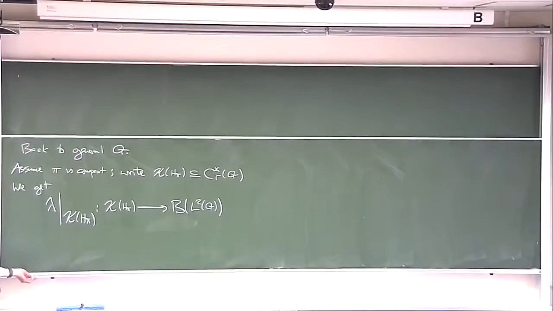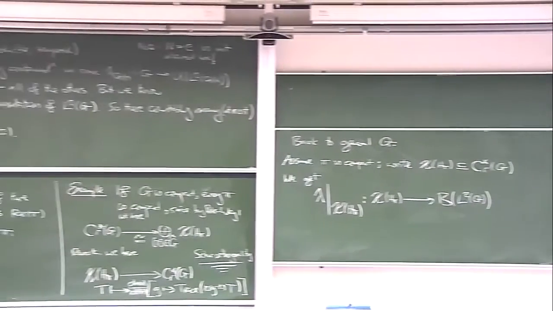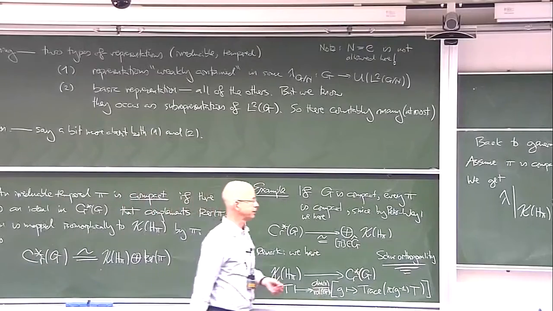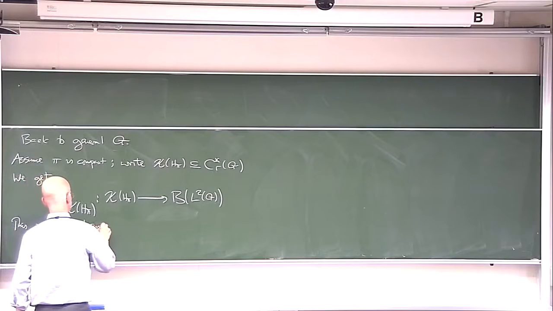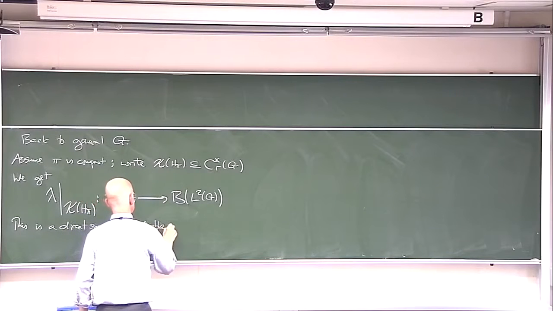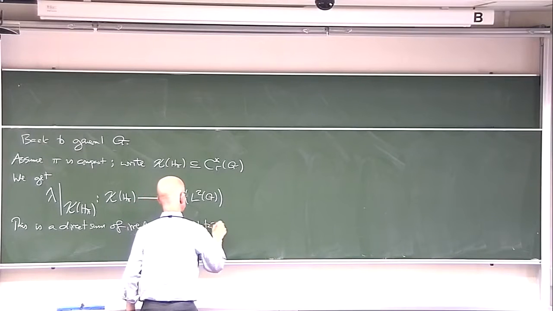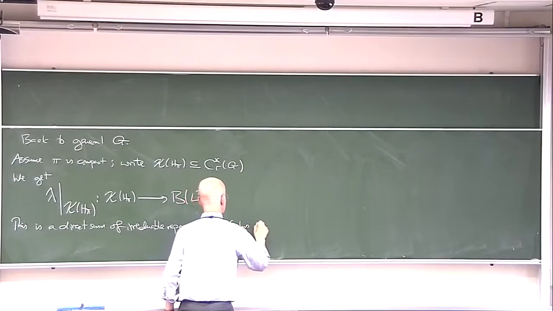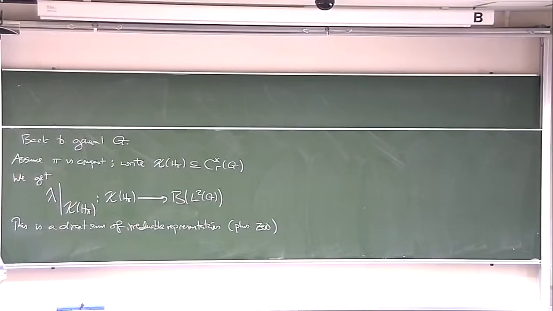Okay. Now, if you have any representation of the compact operators, it's always a direct sum of irreducible representations. Now, it could be that this is not exactly a legitimate representation in our sense.